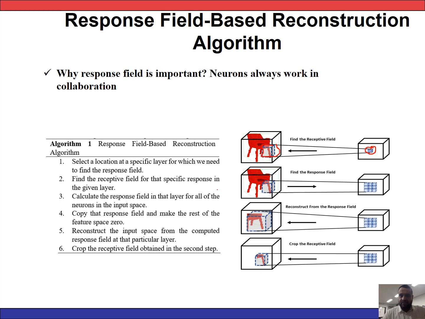In this algorithm, we found the response field neuron for this input space, and then we found the corresponding neurons in its neighborhood, where this region is common in all the response field neurons.